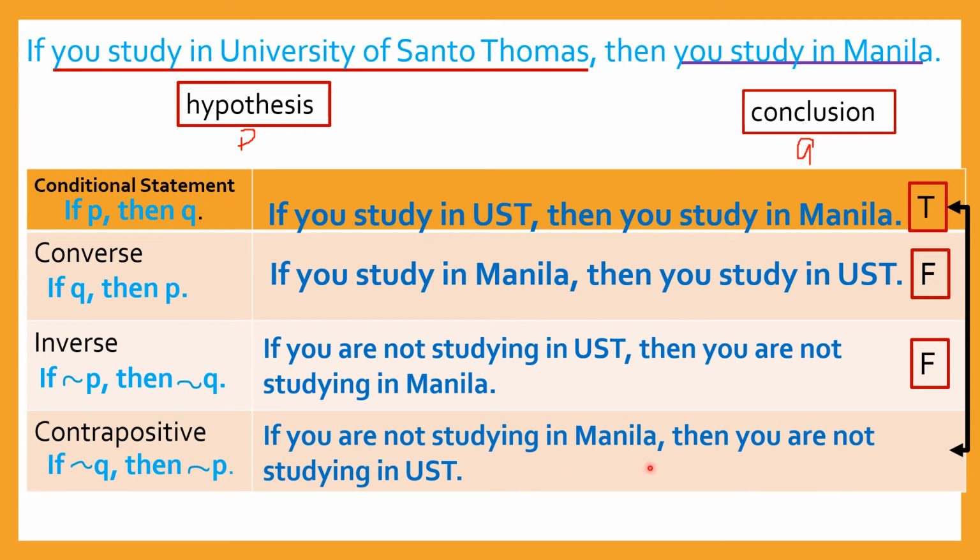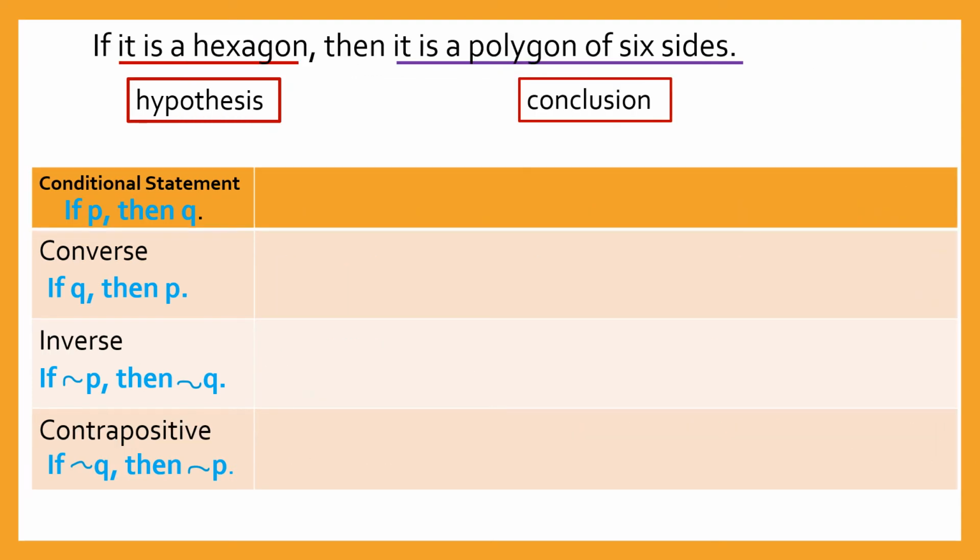If you are not studying in Manila, then you are not studying in UST, which is true. Because if you are not in Manila, you are not studying in any university there, including UST. So you notice here, the conditional statement and the contrapositive have the same truth value. And also, the converse and the inverse.